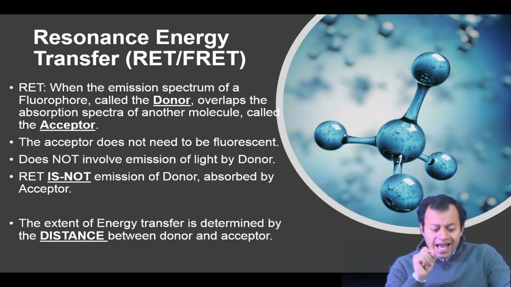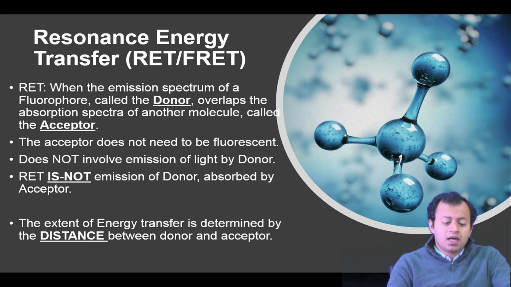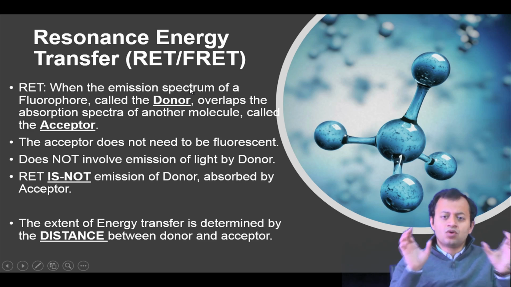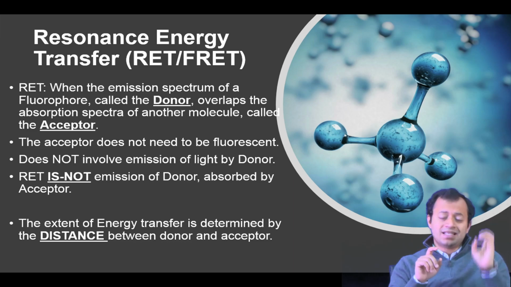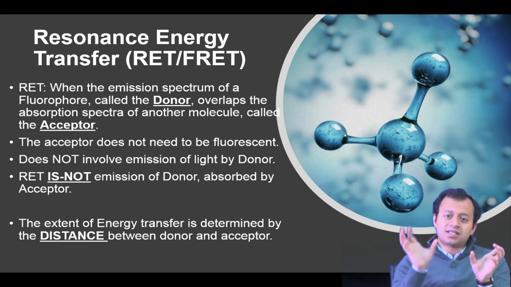Another important thing which we are going to discuss in the bioimaging part is resonance energy transfer. I think medical students have learned about this quite a lot, that is Foerster resonance energy transfer or fluorescence resonance energy transfer. It happens when there are two molecules, one is the emitter which we call the donor and one is the acceptor.